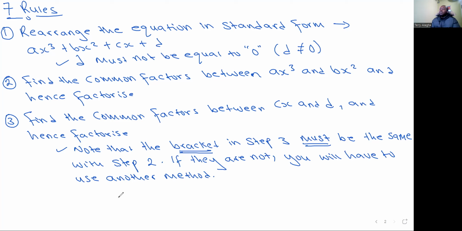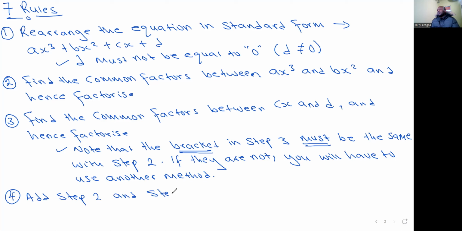So when you're done with step 3 and you found out that they are the same, good. Then number 4, you move to step 4. What you then have to do is add step 2 and step 3 together.